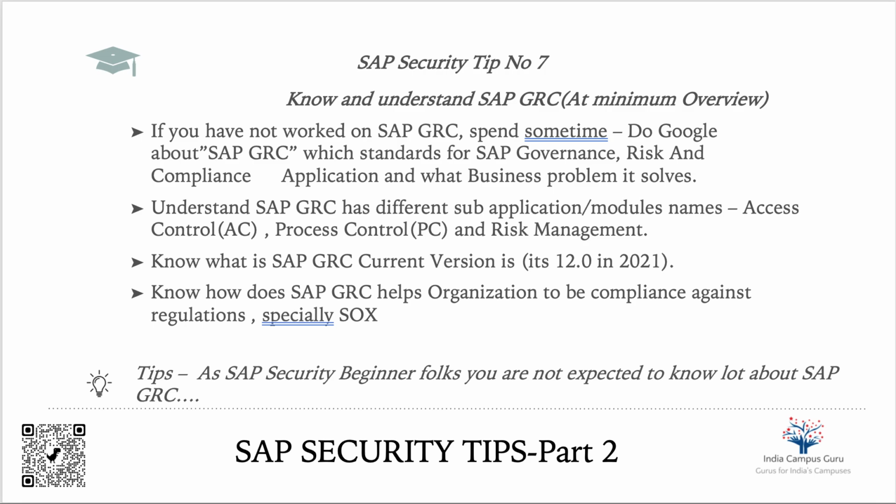Also understand what business problem SAP GRC solves and what regulations it can help an organization comply with, especially SOX, which stands for Sarbanes-Oxley, a regulation which applies to any publicly traded company in the United States. So if I work for a customer or client which is publicly listed and traded in the USA, they have to follow the regulations and guidelines to comply with SOX.